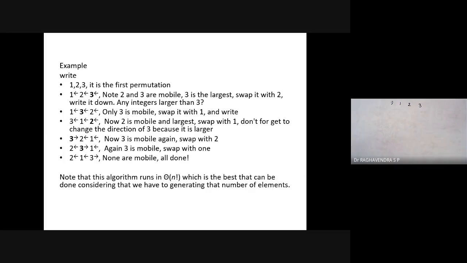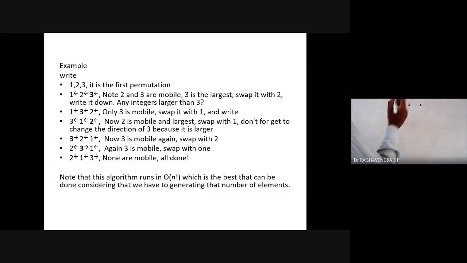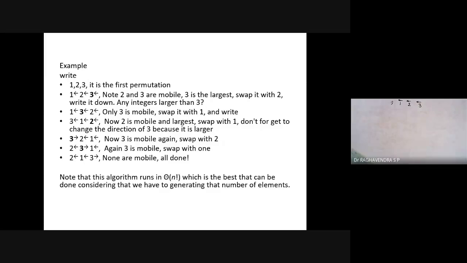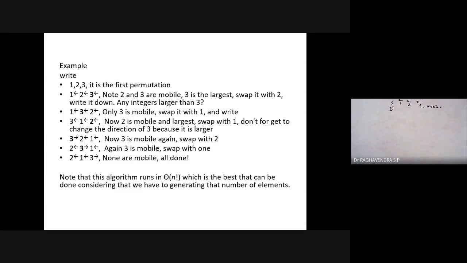By default, all the arrows are pointing towards the left side. Next, find out the mobile. So which is the mobile here? 2 and 3. Here, mobiles are 2 and 3.